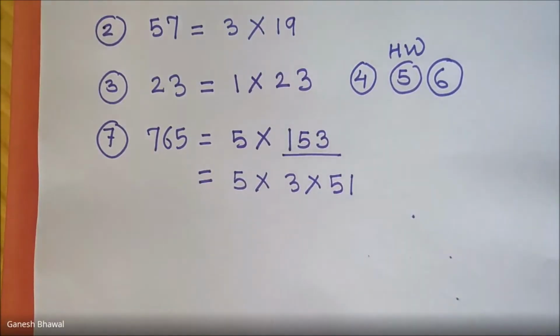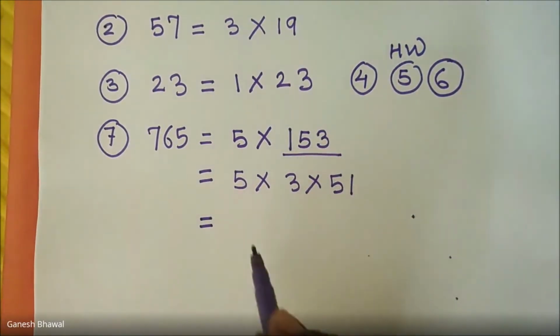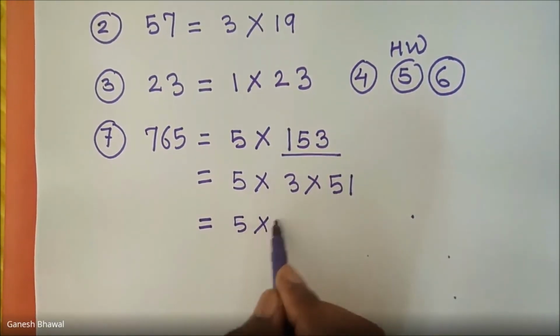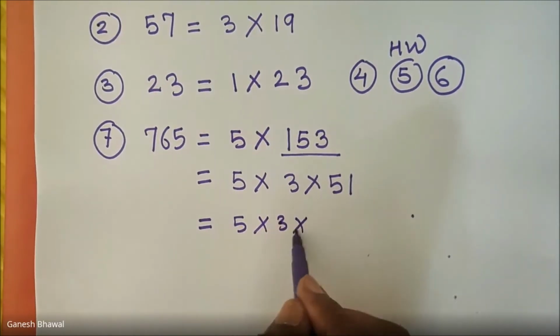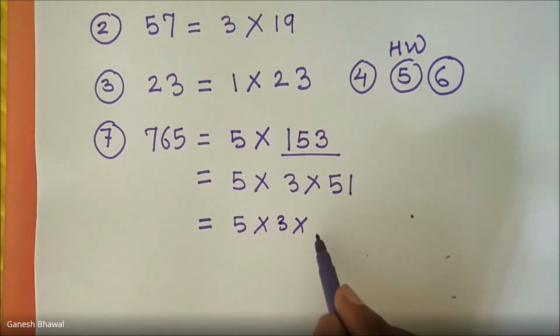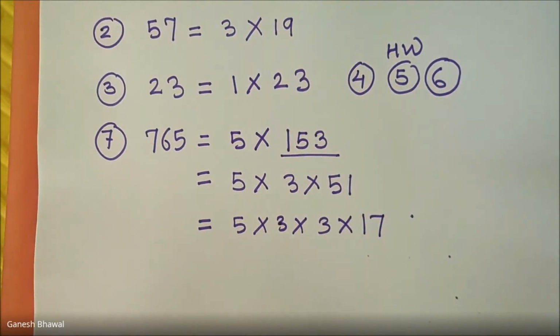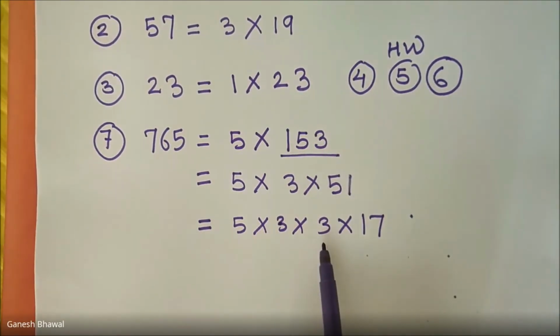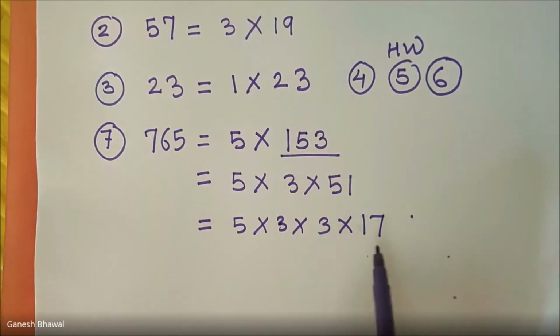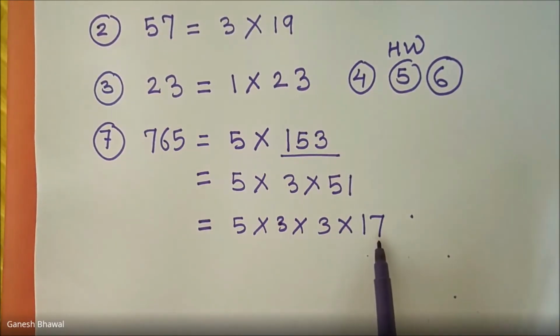Now tell me, 51 comes in which table? Correct. It comes in the 17th table. 5 into 3 into 3 into 17. 5 is a prime number. 3 is also a prime number. 17 is a prime number.